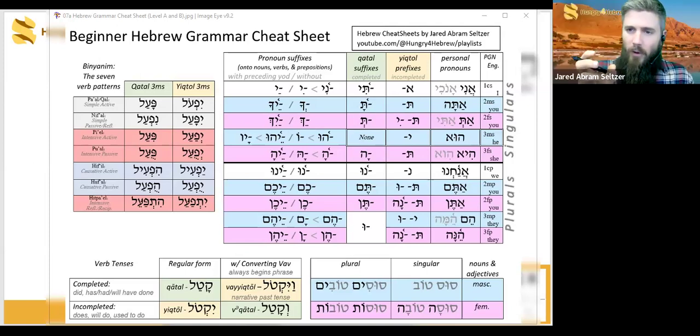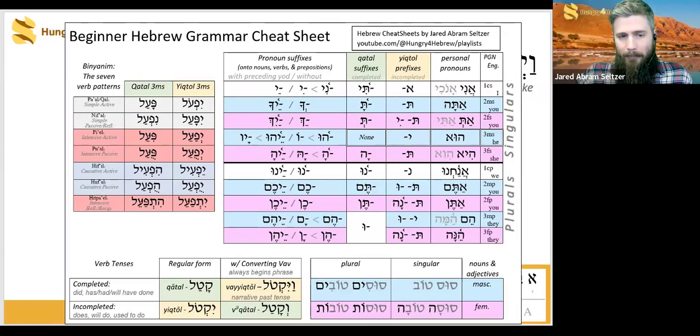Good, but there's no verb there. Yiktol and vayiktol pertain to verbs. Abraham's name per se doesn't pertain to a verb, but if you want to say he became the father of many nations, that would be a vayiktol. If he will become a father of many nations, that would be a yiktol.